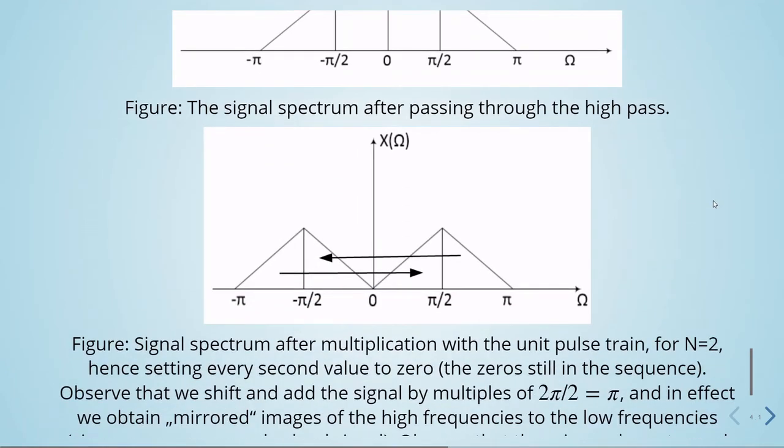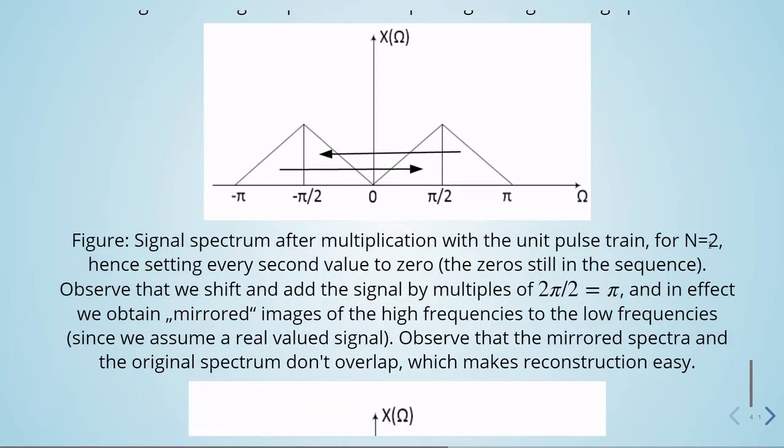And then there's the signal spectrum after the multiplication with the unit pulse train, when we're using N equals 2. So we're setting every second value to 0, and the zeros are still in the sequence, and we have a shift and add of the signal by multiples of 2 pi divided by 2, which is equal to pi, and in effect we obtain mirrored images of the high frequencies in the low frequencies.